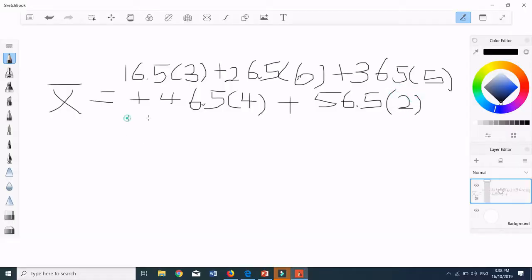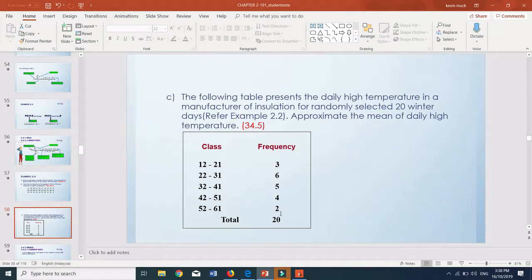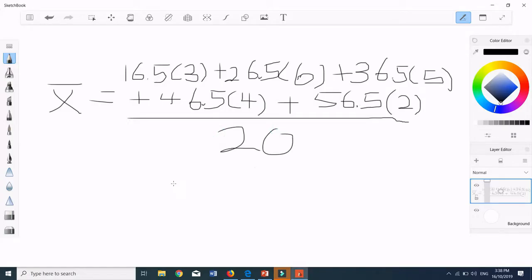For these numbers, you have to sum everything up together, and the total frequency is 20. So divide by 20. I will press the calculator with you if you want. 16.5 times 3 plus 26.5 times 6 plus 36.5 times 5 plus 46.5 times 4 plus 56.5 times 2, and the total you divide by 20.